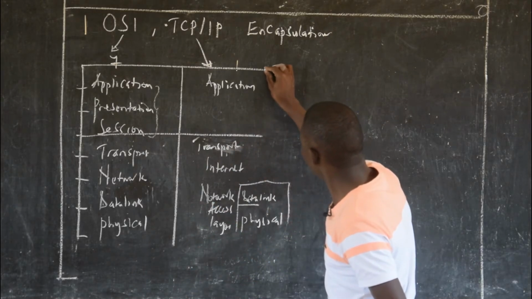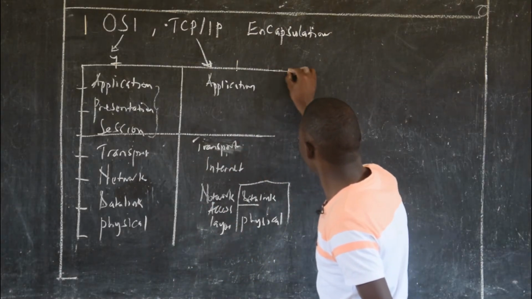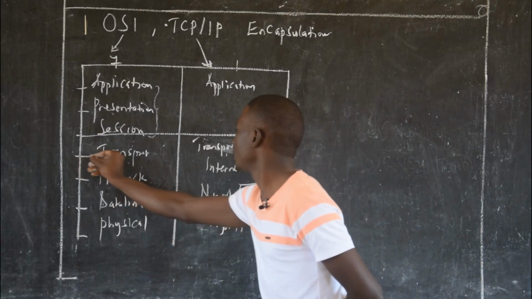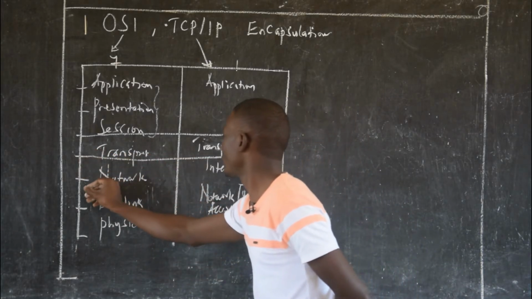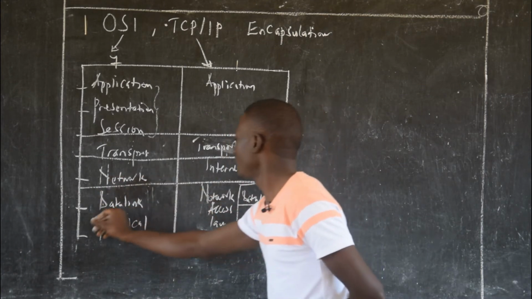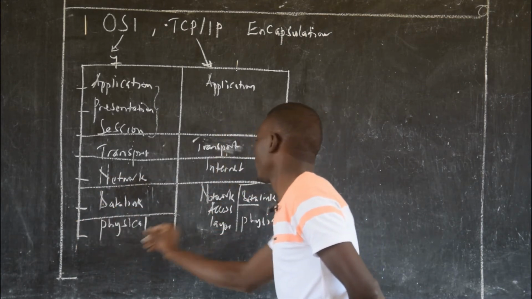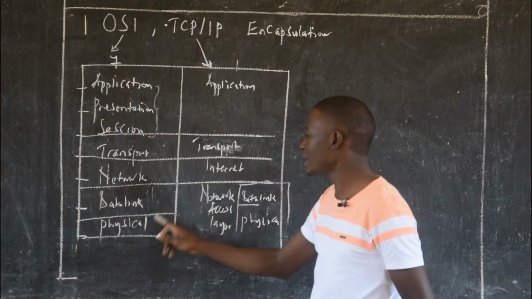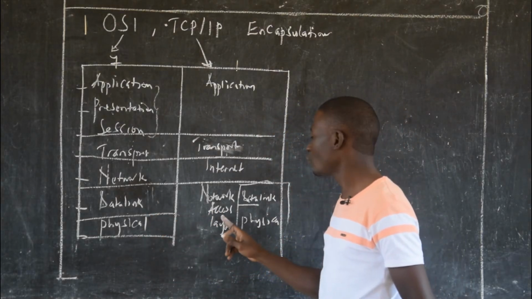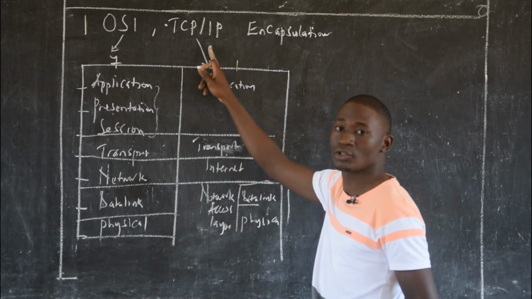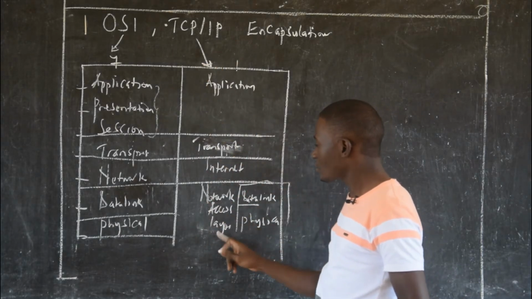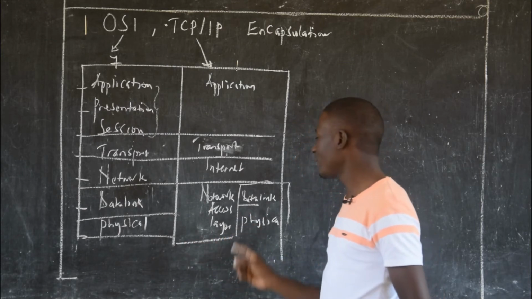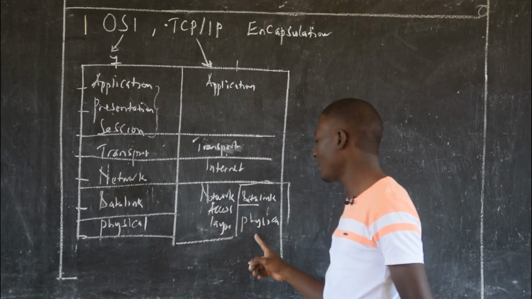The transport will take us as that one, the network layer will come as that one. So remember here we have 2 layers. These 2 layers are combined with what we call the network access layer in the transmission control protocol, and it is called the network access layer. But later it was divided into the data link layer and the physical layer.